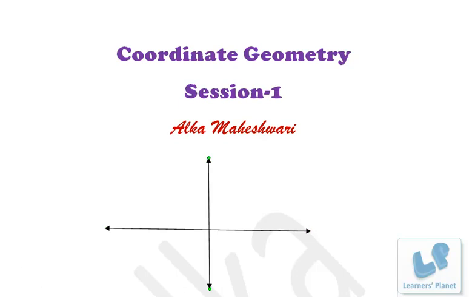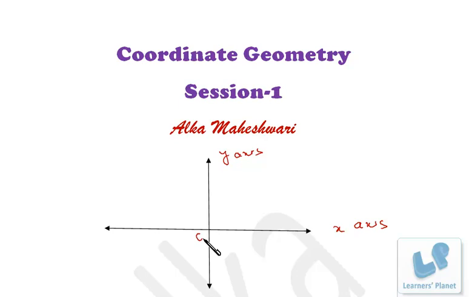So this is a plane where we can see these lines, right? These two intersecting lines. Now this line, the horizontal line, is called the x-axis and this vertical line is known as the y-axis, right?